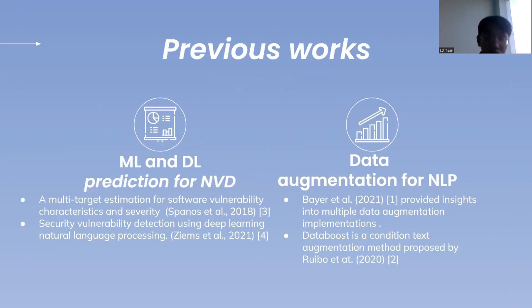In previous papers, there are multiple people working on this kind of problem in NVD, such as Spanos's 2018 paper about the multi-target estimation of software vulnerabilities and severities.